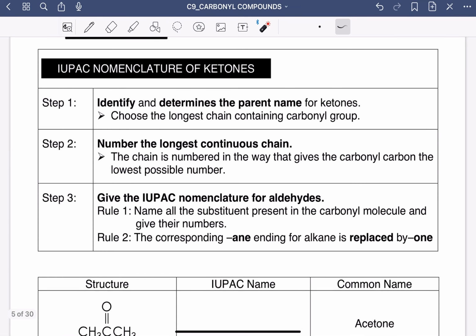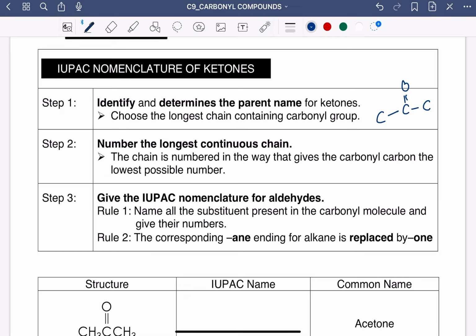But since we need C double bond O, C, C. Okay, so for ketone, the lowest number carbon should be 3 carbon. You cannot have methanone because it is impossible to make a ketone with one carbon only.